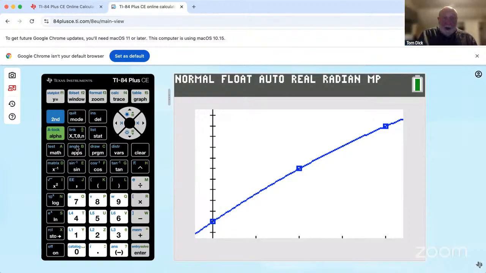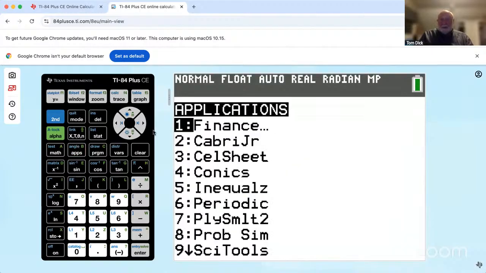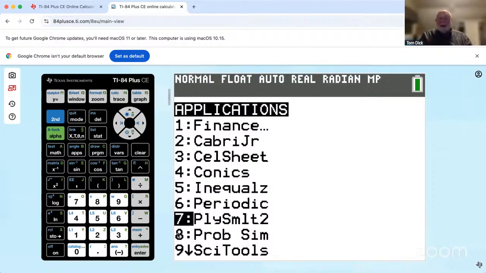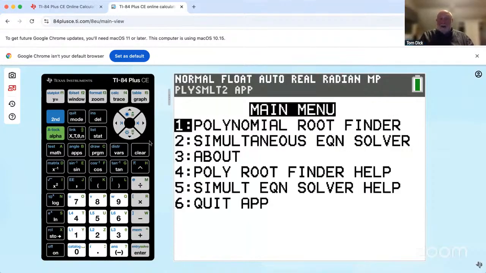Sure. Go to the apps. So poly simultaneous. Okay. All right, I'm going to let you lead me through it, Vicky, if that's okay. We're solving simultaneous equations.